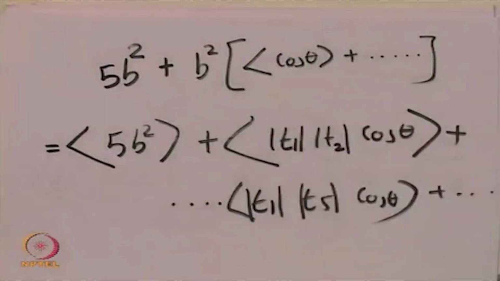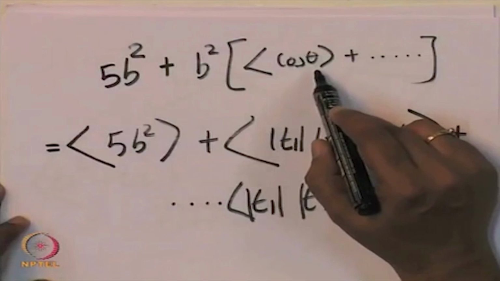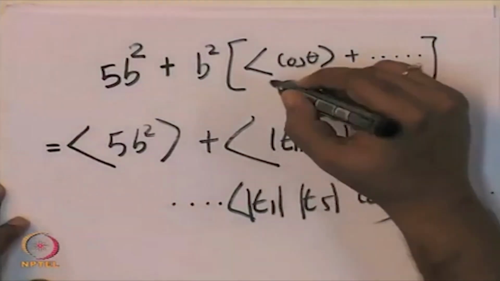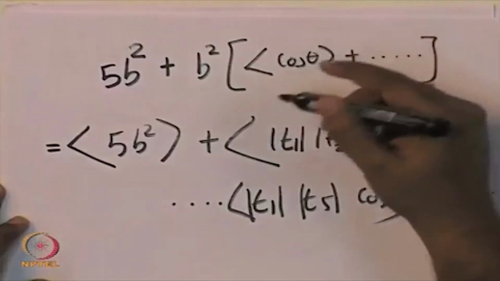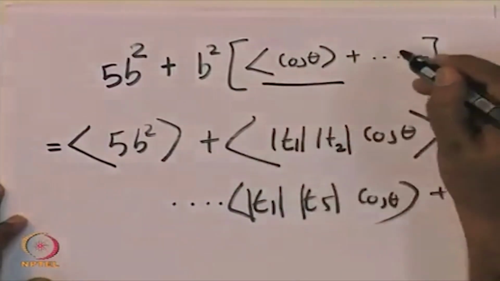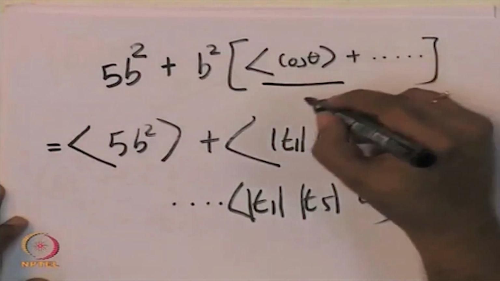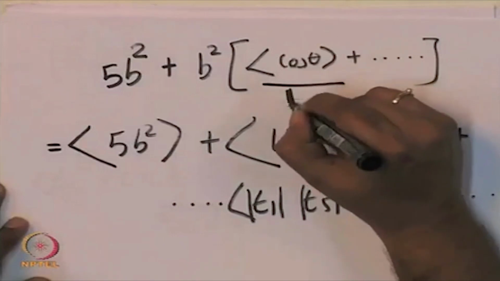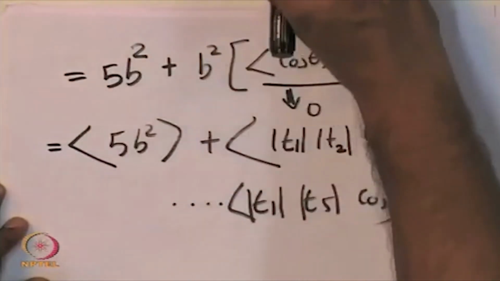Cos theta average is nothing but 0, because cos theta can take values from -1 to +1, and if you sum over all this, you will get 0.